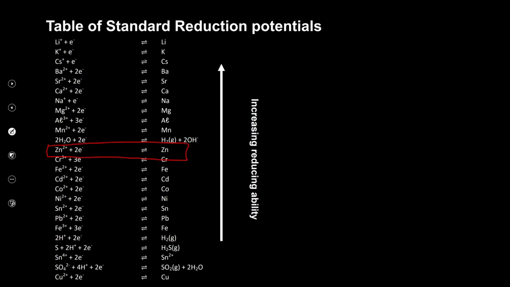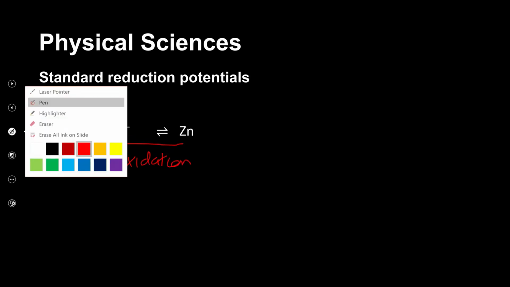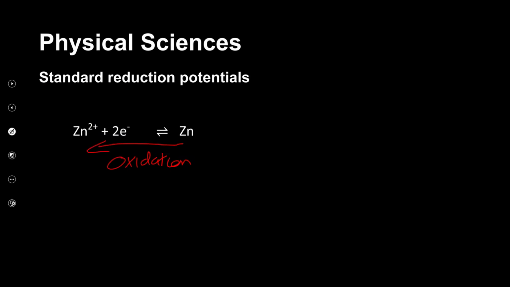We're going to zoom in on that reaction there, and we recognize the reaction with zinc. I want you to see that zinc going to zinc ions is the oxidation reaction. Whereas if we take the reverse reaction, in that case, this is the reduction reaction.